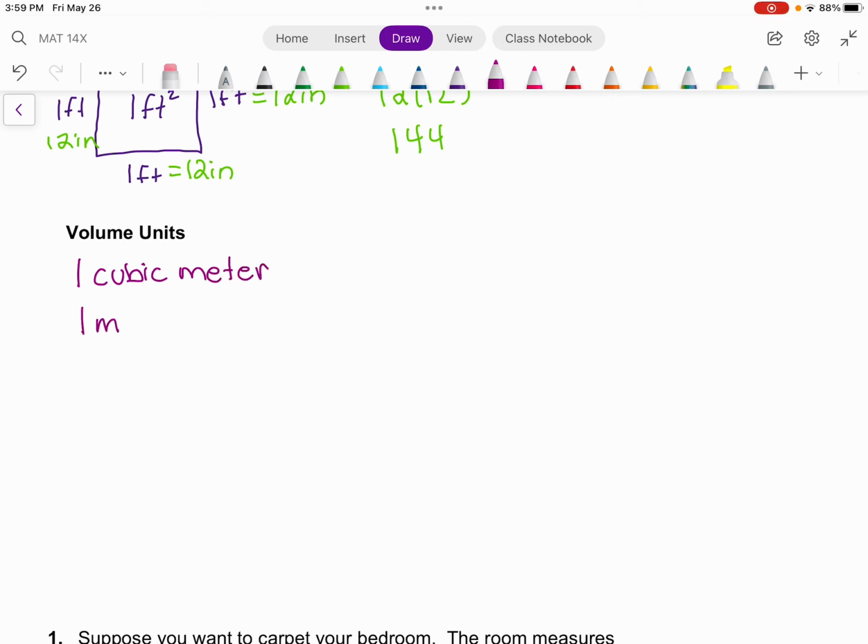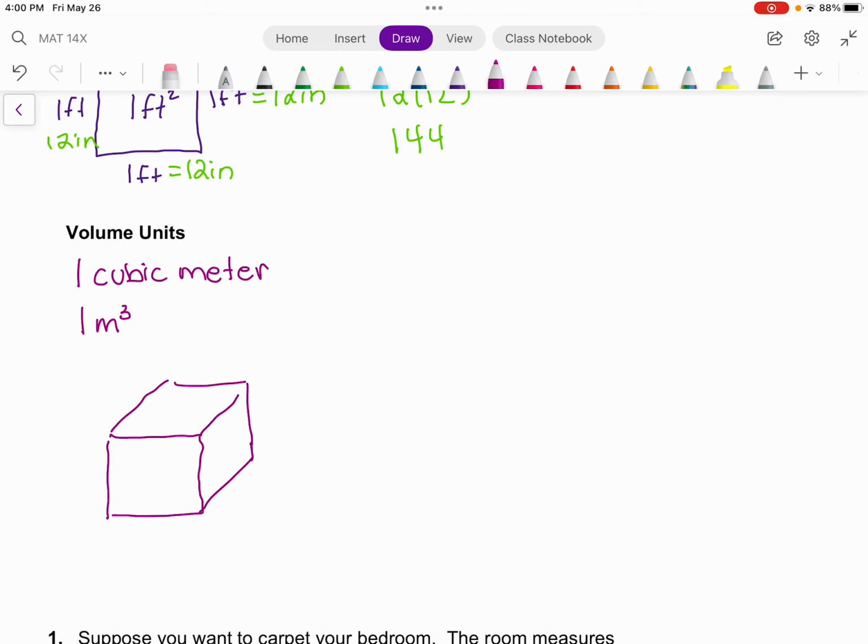A cubic meter is literally a cube. A cube is a 3-dimensional shape where all 6 sides are squares. So here's my cubic meter, and what that tells me is each side length is 1 meter long.